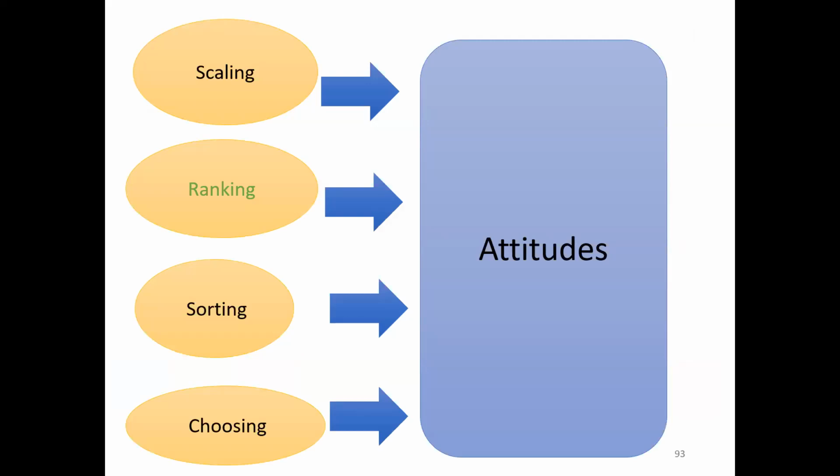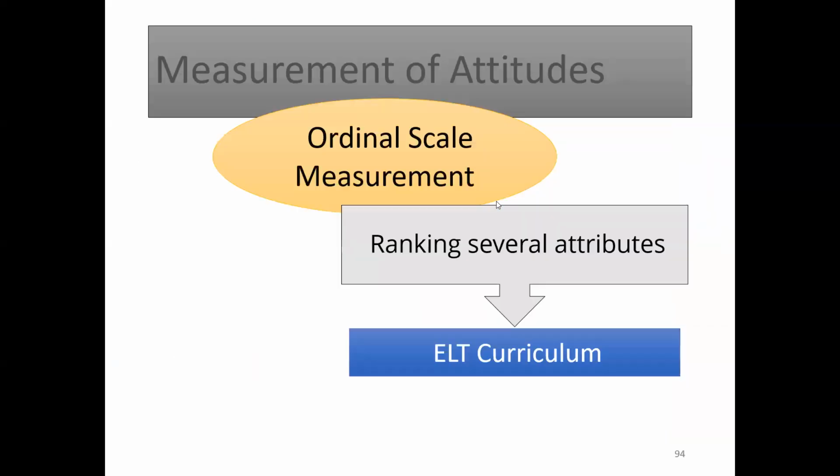Now I am going to take the second type of questions. The second technique that can be employed to construct questions to measure attitudes, that is ranking. Here I will explain what ordinal scale is later.